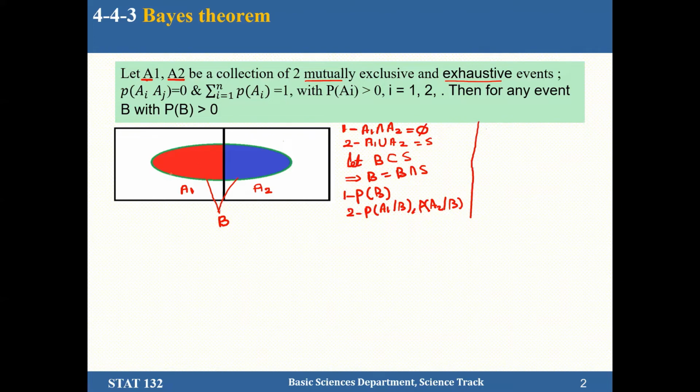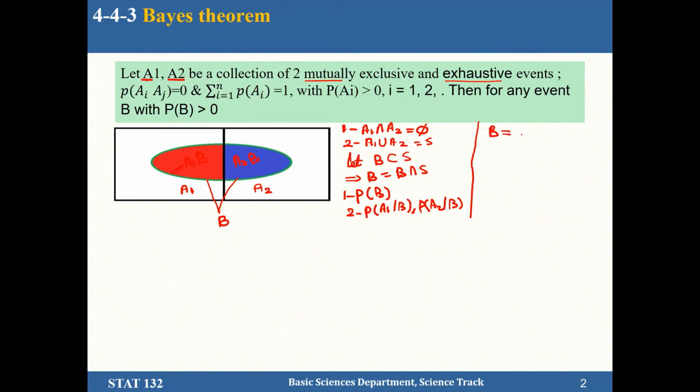The red part is A1B, the intersection of A1 and B, and this is A2B, the intersection of A2 and B. So B equals the summation of these two parts. Why summation? Because there is no intersection between these two parts.